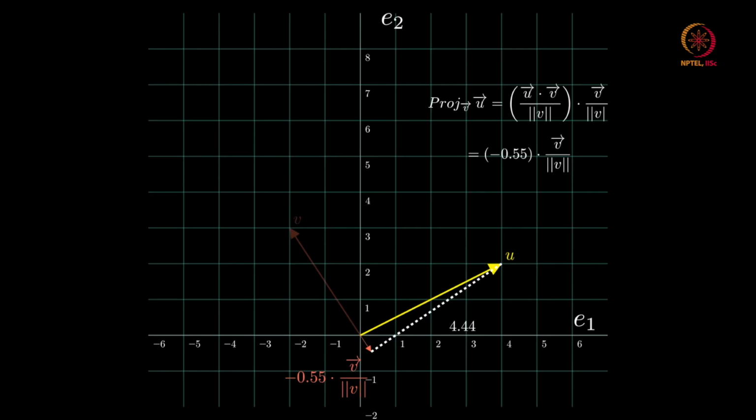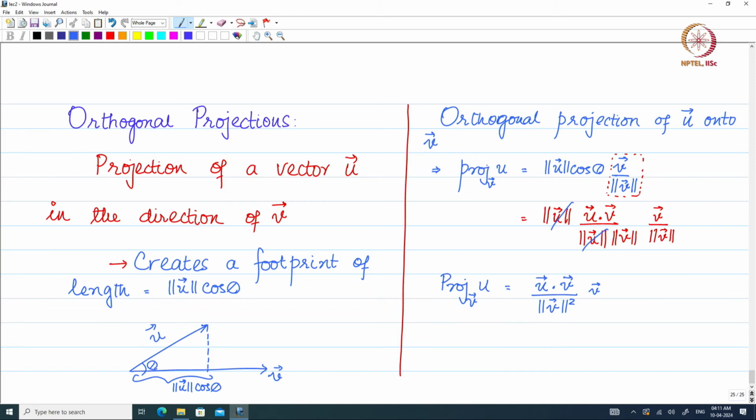Projection of u along the direction of v is given by u cos theta in the direction of v, and therefore we also have the perpendicular component, which is nothing but u sin theta. So, let us look at the perpendicular component. This is basically u cos theta and this is going to be u sin theta.